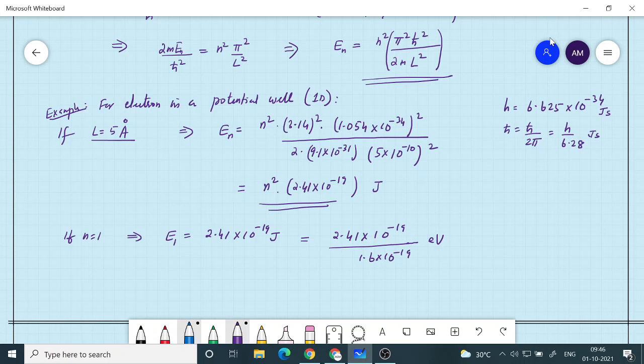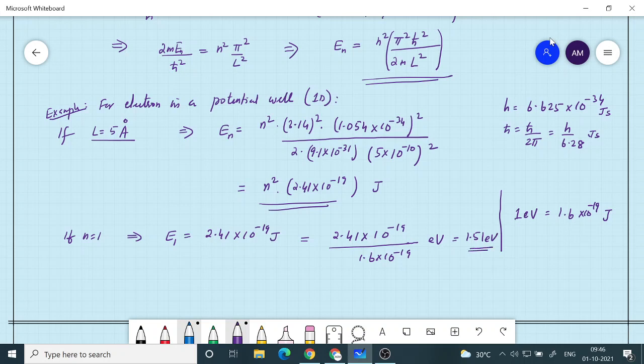Basically, 1 electron volt is equal to 1.6 into 10 raised to minus 19 joules, which is the conversion from electron volt to joules. The advantage is that we can factor out this 10 raised to minus 19 and get a number more convenient to represent. So this will be 1.51 electron volt, which is easier to say.